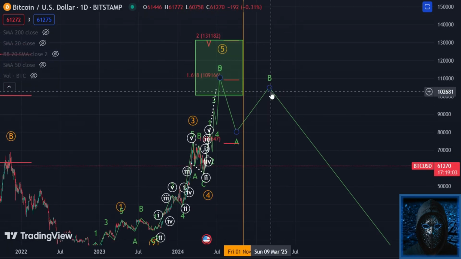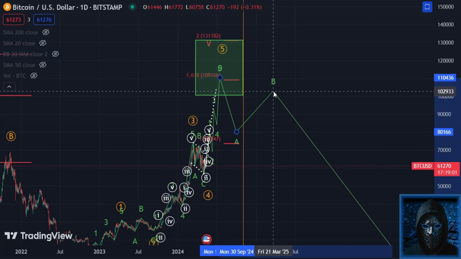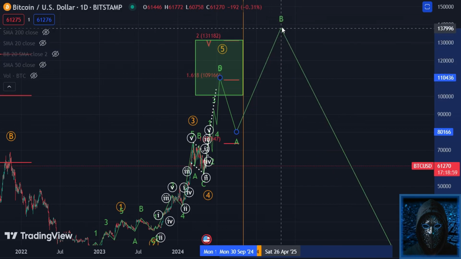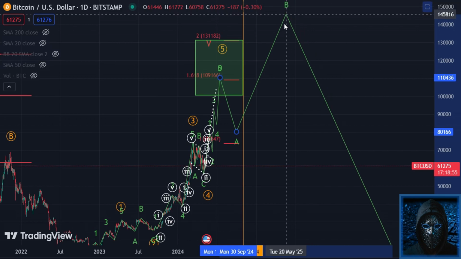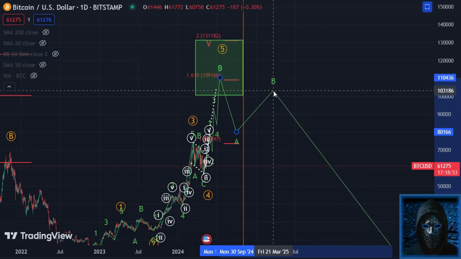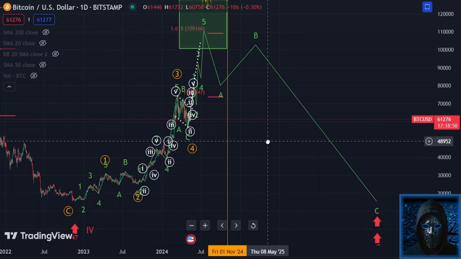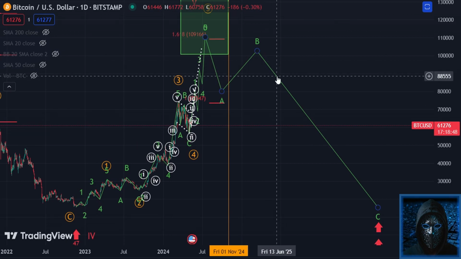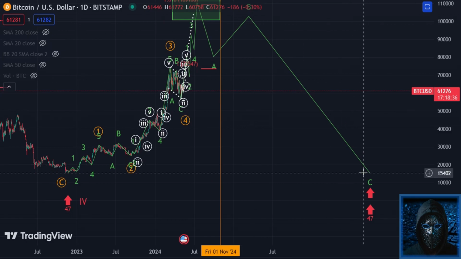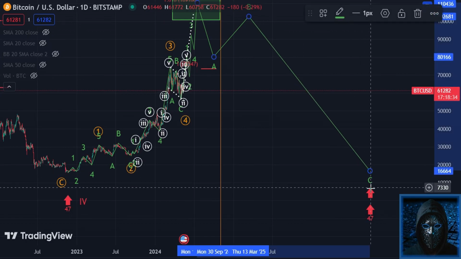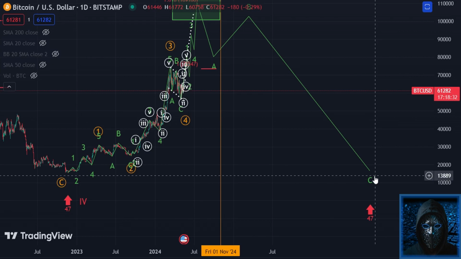Most people will think that this will be the rally to 150,000 or 200,000. But this will just send us into a bear market, and everyone who's waiting for a top in late 2025, they will be bag holders for an entire cycle, basically. And we're looking potentially at a lower low this cycle as well.